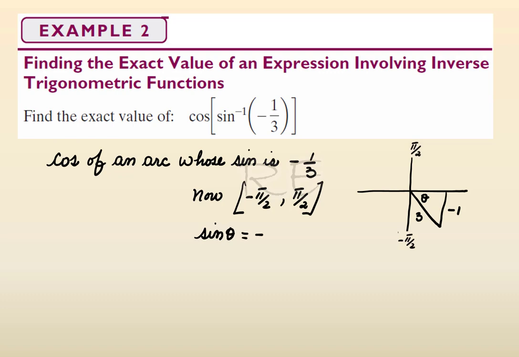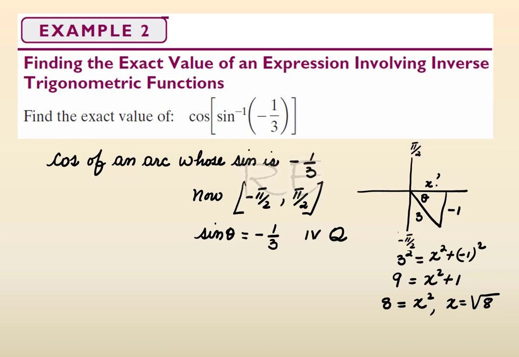So sine theta is equal to -1/3, and it's located in the fourth quadrant. The opposite side will be -1, and the hypotenuse, which represents the radius, is always positive, is equal to 3. 3 squared is equal to x squared plus -1 squared. 9 is equal to x squared plus 1.